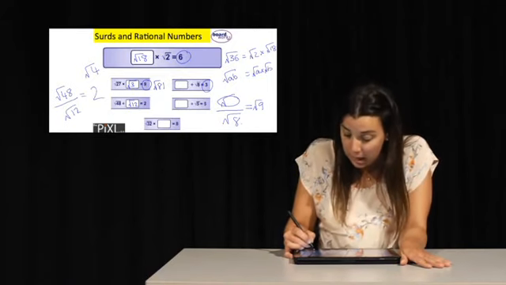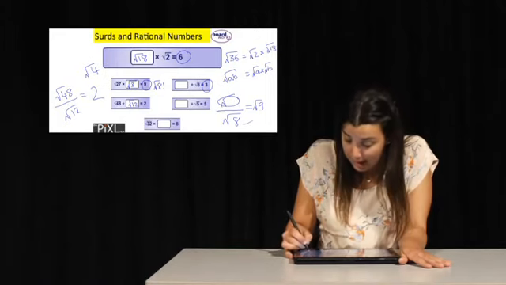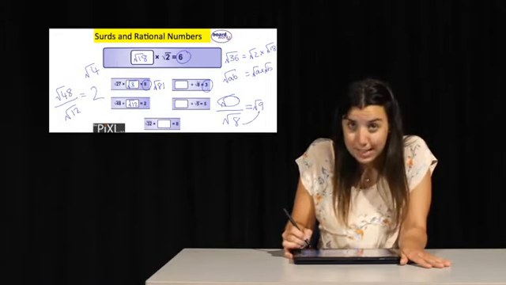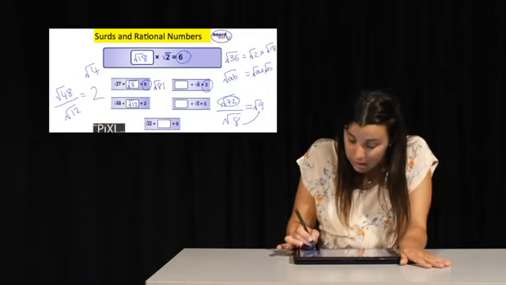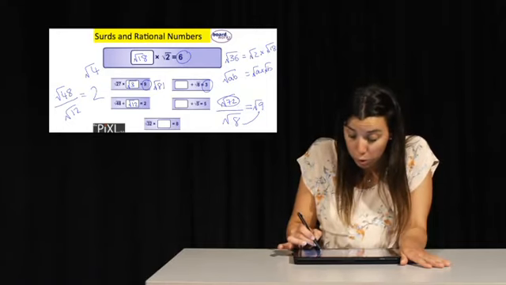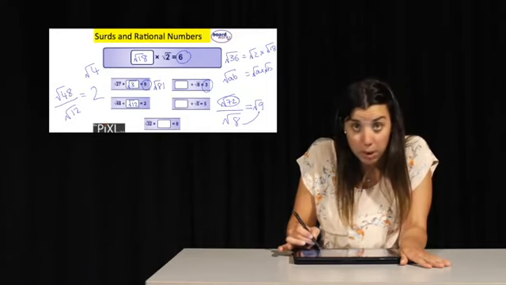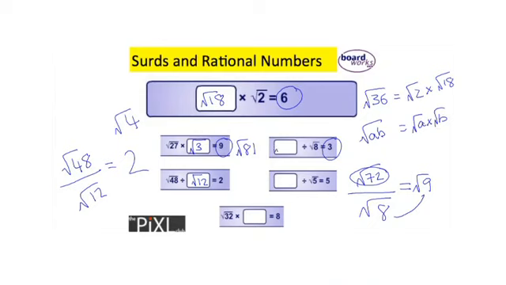So we're going to do our inverse operation, 9 times 8. 9 times 8 is 72. So up here we have 72 divided by 8, which gives us 9. We're actually talking about the root of 72 divided by root 8 equaling root 9.